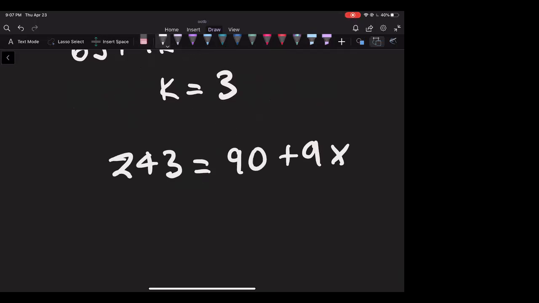No worries. $17. Let's see. 243 minus 90.